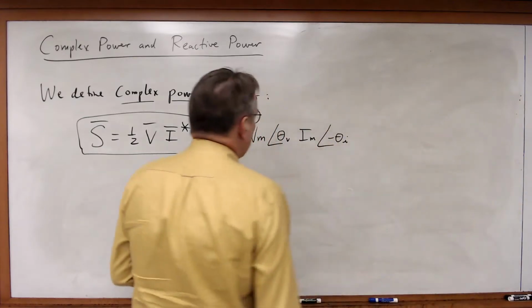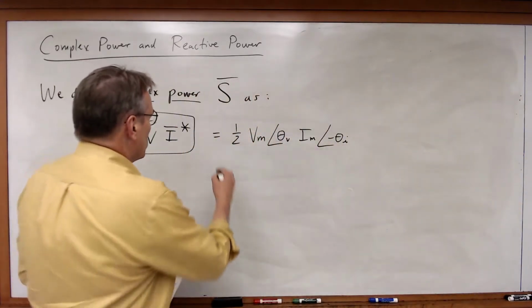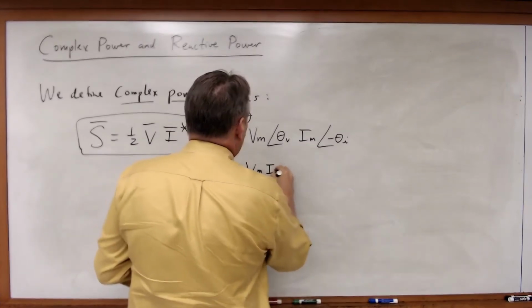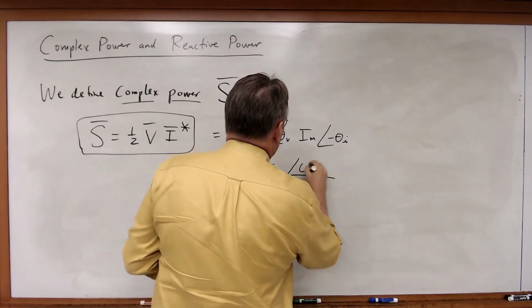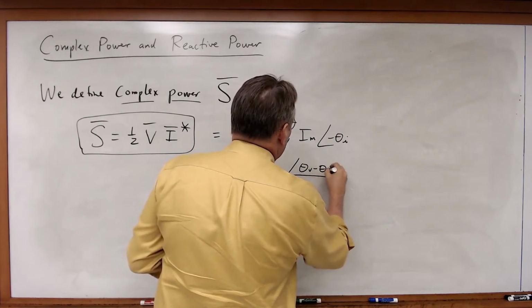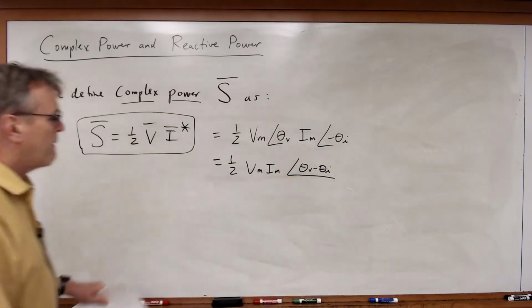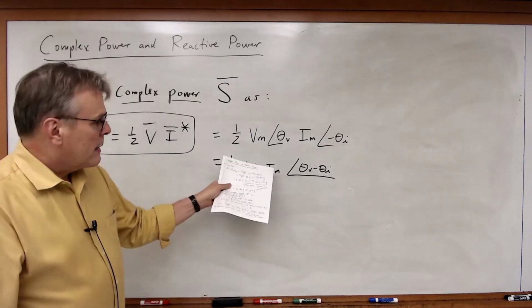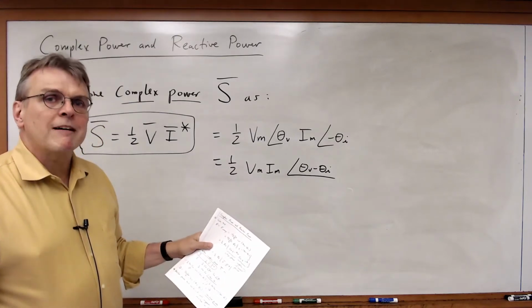Now let's combine terms. This is 1/2 times Vm Im at angle theta sub V minus theta sub I. Now let me turn this into rectangular form.